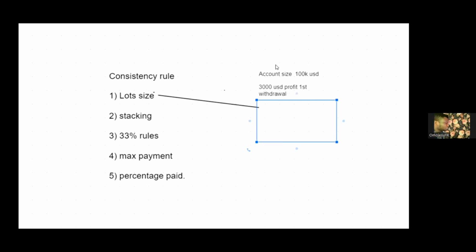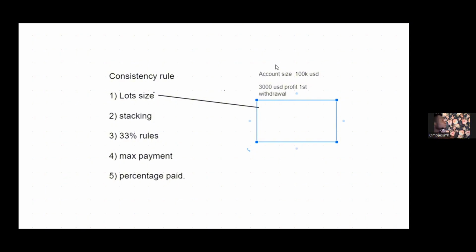If you're starting with 0.5, the maximum lot size you can use is one standard lot. The minimum is 0.13. If you go below this 0.13, let's say you use 0.1, 0.11, 0.05, they will not pay you.